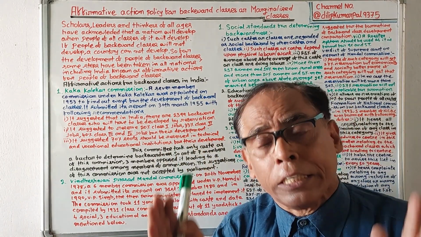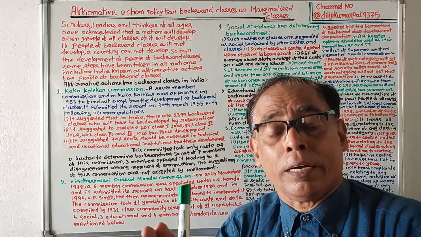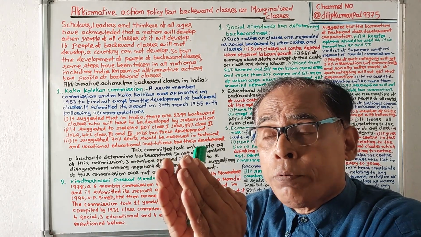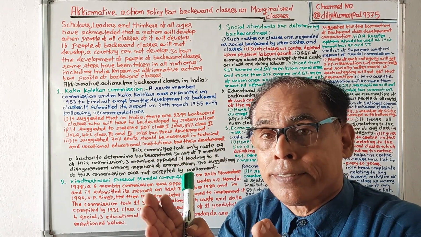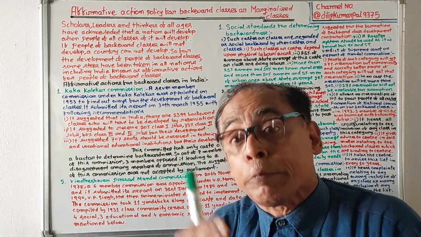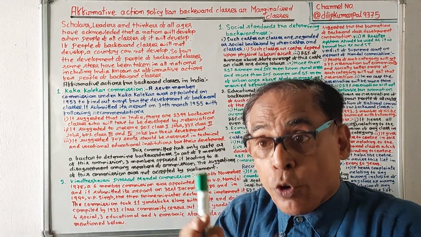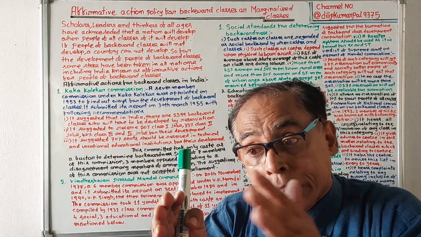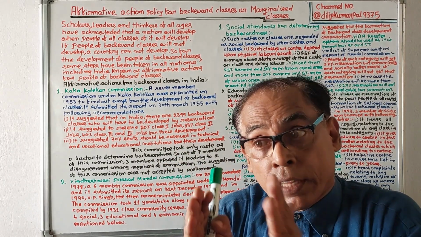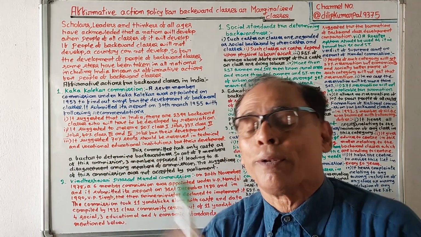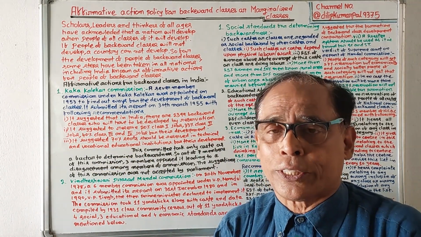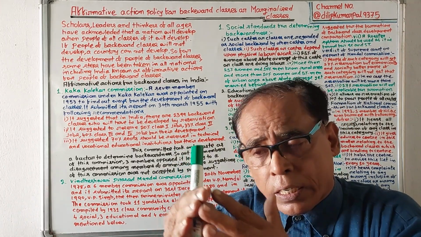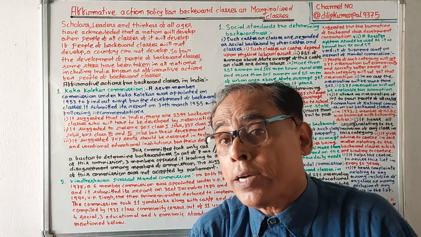So in all countries, including India, some steps have been taken for the development of people of backward classes. It is known as affirmative actions for backward classes. So affirmative actions for backward classes means steps which have been taken for the development of backward people. So in India, what steps have been taken for the development of people of backward classes.